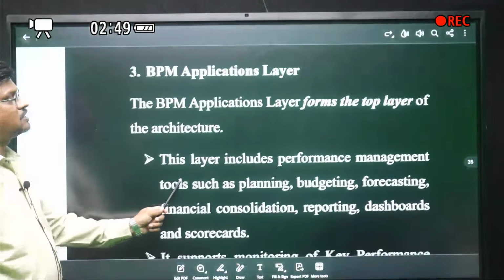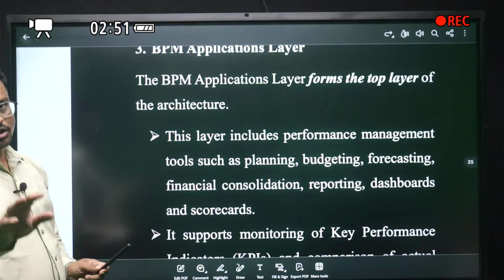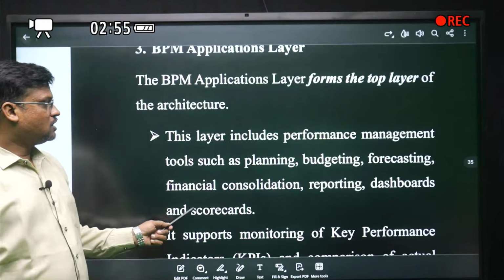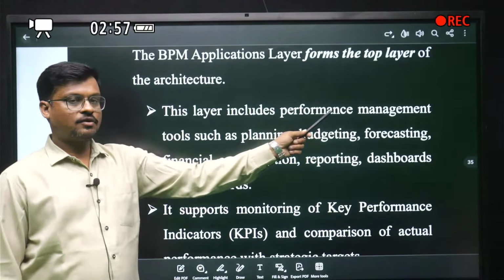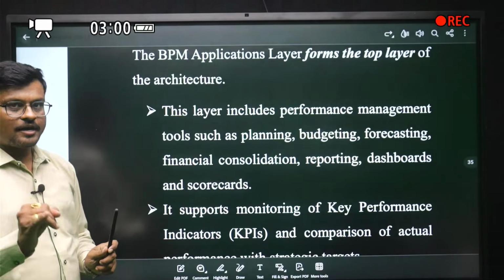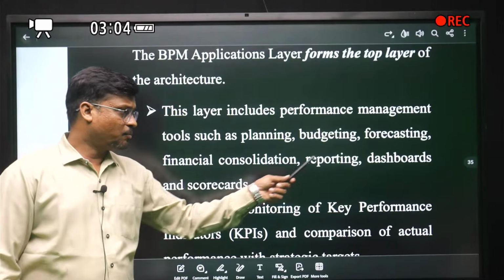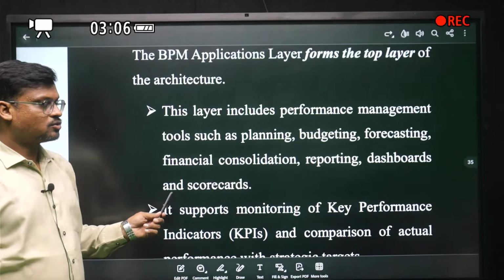The third one is the application layer. This is the topmost layer, which directly interacts with the user. In this layer, it includes the performance management tools such as planning, budgeting, forecasting, financial consolidation, reporting, and more importantly, dashboards and scoreboards.